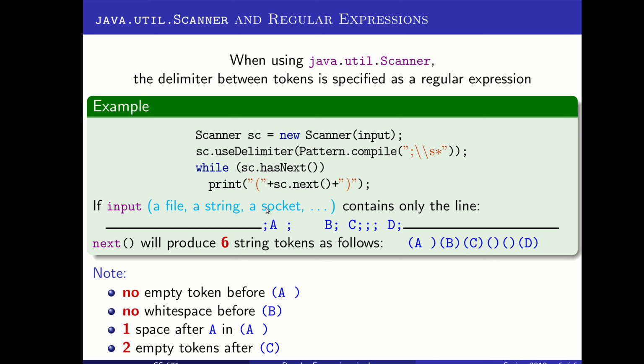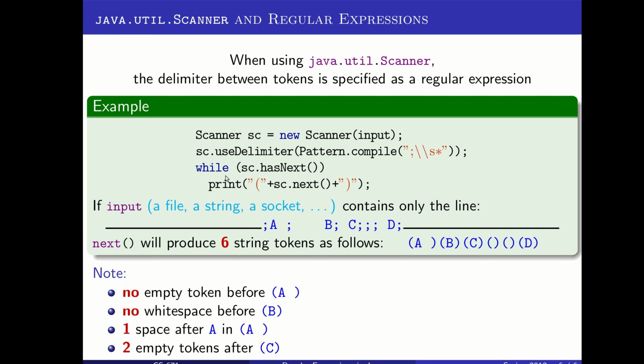It splits with the semicolon here, but it doesn't eat the space before that's attached to the A. It eats the spaces that are after the semicolon because it's semicolon followed by spaces. And then it would do the same thing after the B, and the same for the semicolons here where we get empty results from each of those.